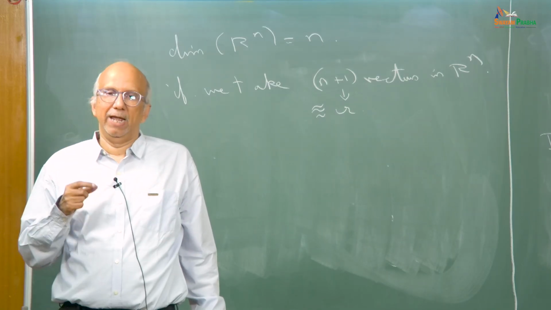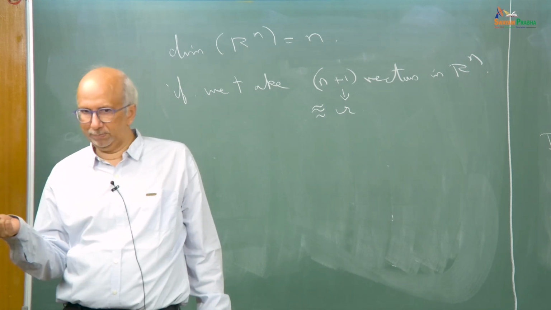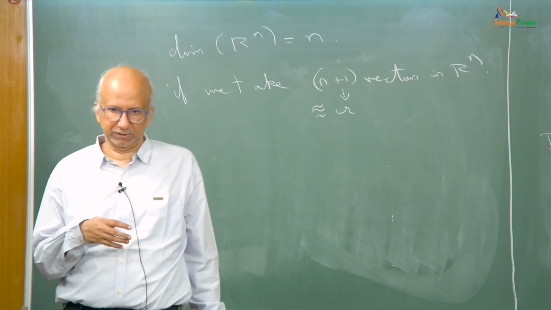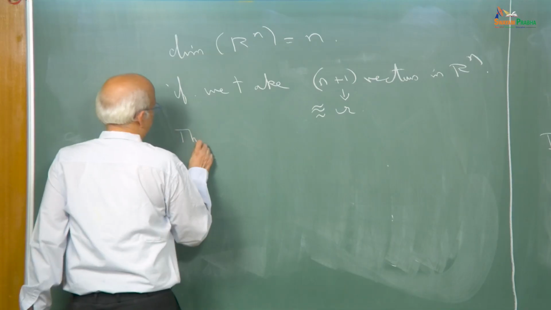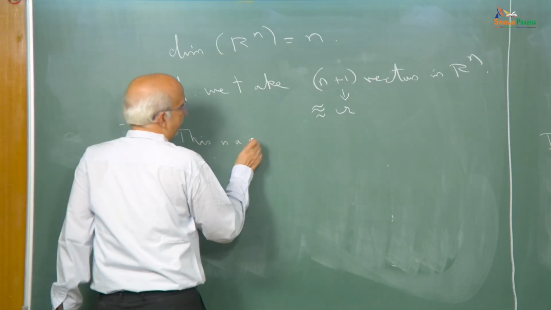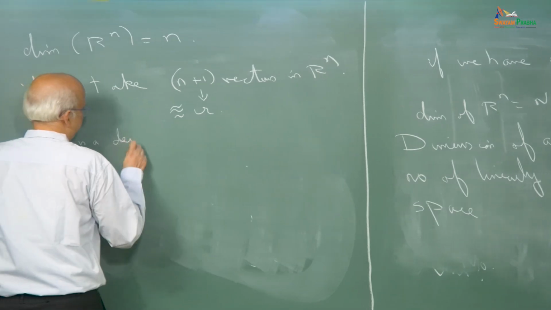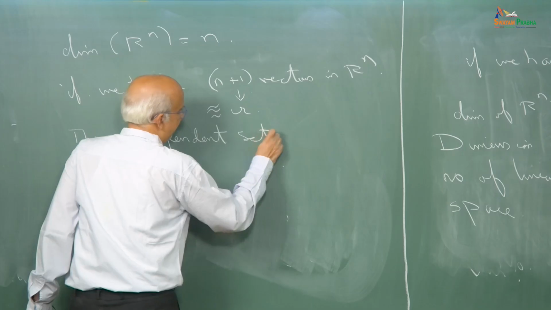So, basically n plus 1 vectors in Rn is going to be dependent, because I can put one of them non-zero, the number of unknowns is more, I can put that non-zero and solve for the others. This is a dependent set.